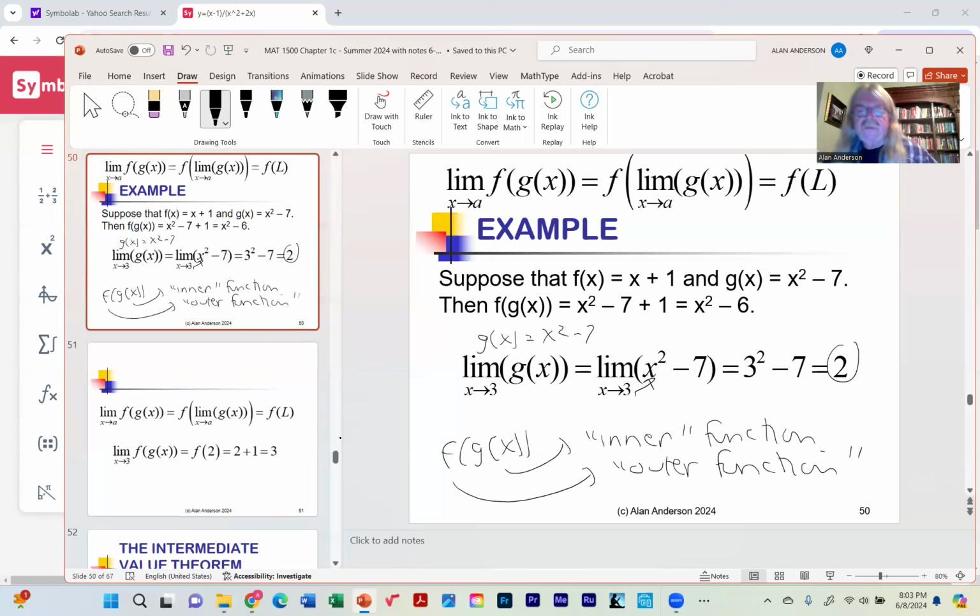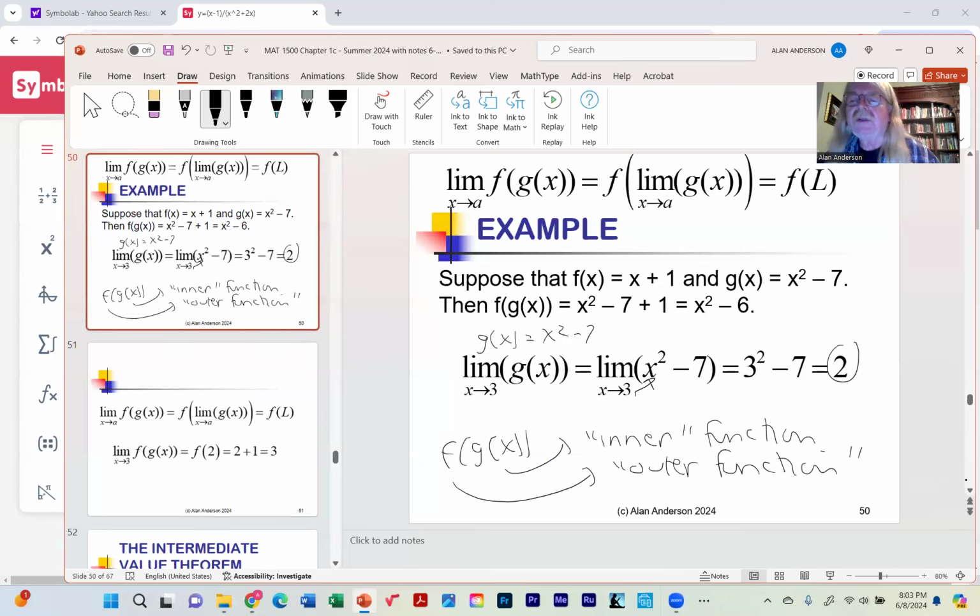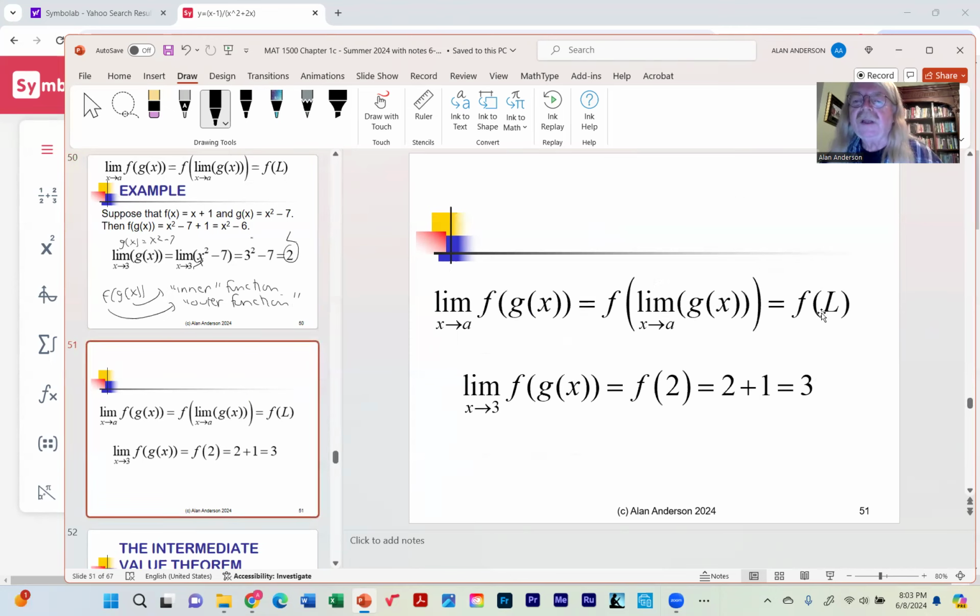So once we know the limit of the inner function, we can solve for the limit of the entire composite function as f of L. That capital L, by the way, is this 2. What we called L in our formal definition is that 2. So what we have here is f of 2 now. And remember, f of x is x plus 1. So therefore, f of 2 is 2 plus 1, which is 3.